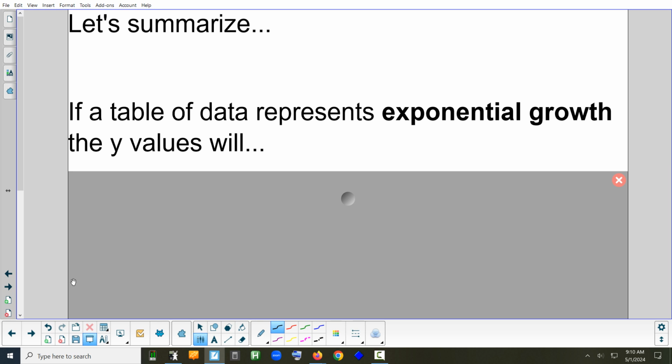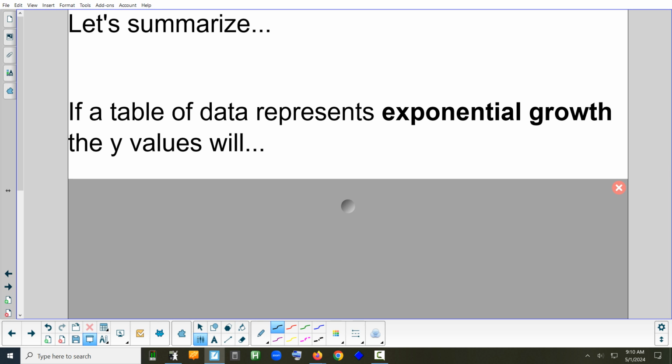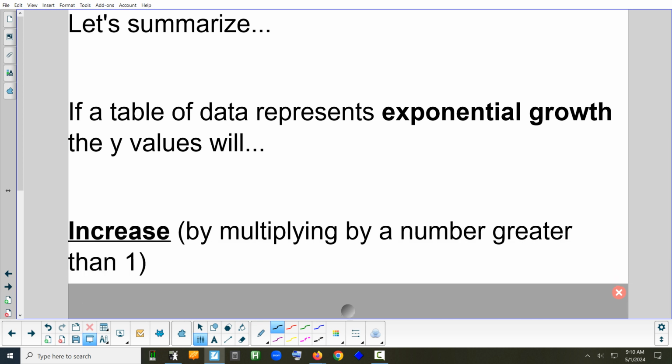They're going to get bigger, they're going to increase. And the reason they're going to increase is because you're going to be multiplying by a number that's bigger than 1. Anytime you multiply by something bigger than 1, it makes your number bigger. Okay, that's exponential growth.